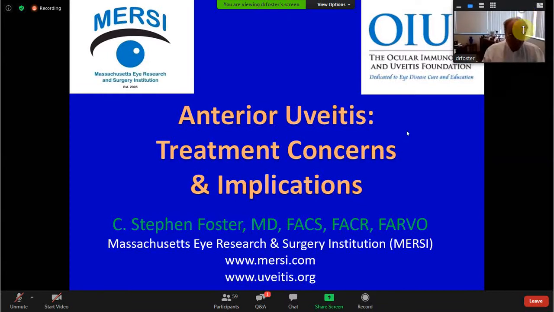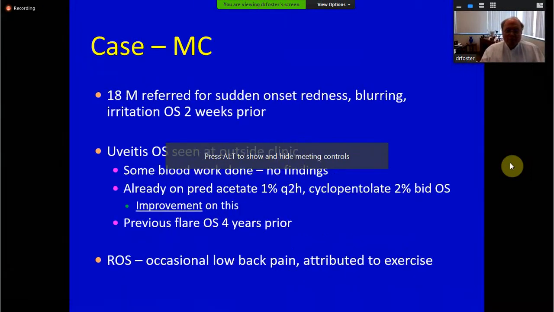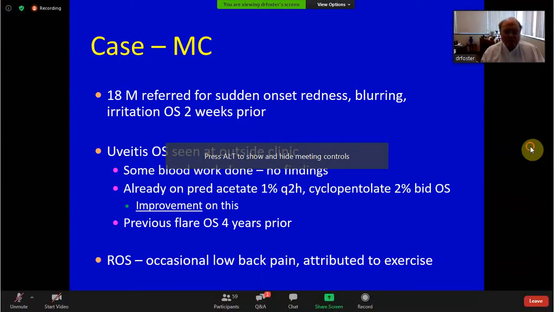All right, so this topic is anterior uveitis. Let me start by sharing a case with you. An 18-year-old male referred for sudden onset of redness, blurring, and irritation in the left eye 2 weeks earlier. He was seen in an outside clinic. They did some blood testing on him, found nothing, and put him on topical steroids every 2 hours while awake and cyclopentolate twice a day. He got better.